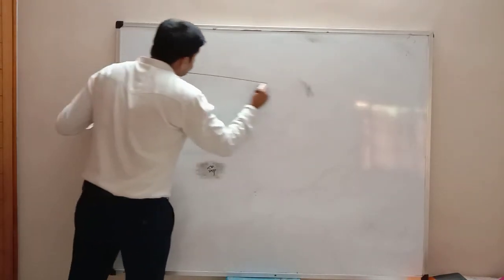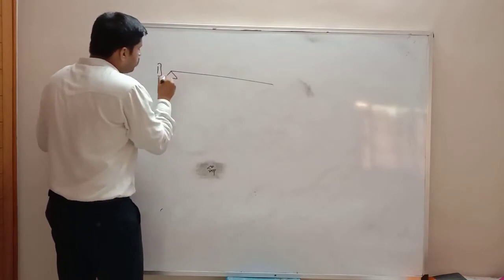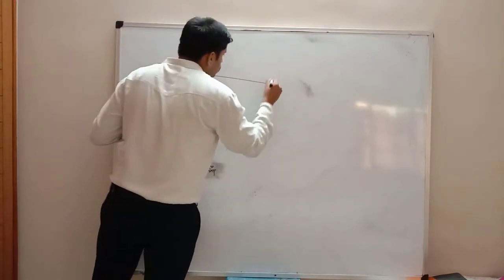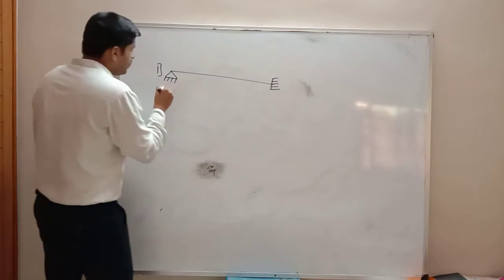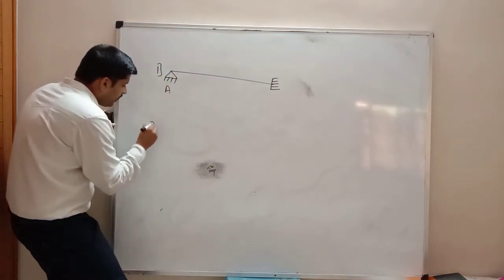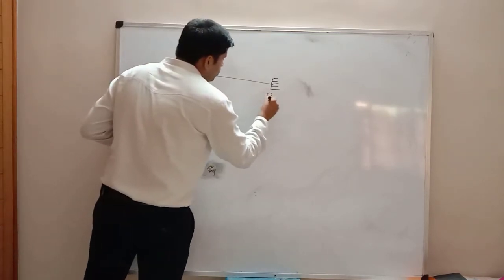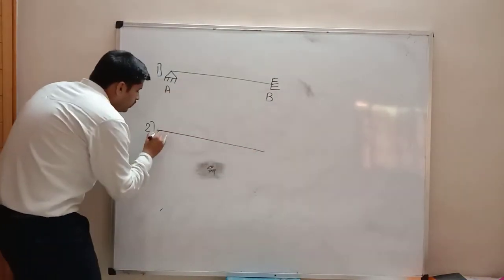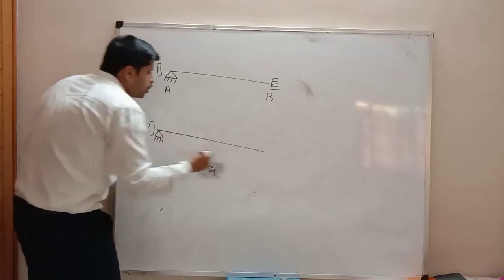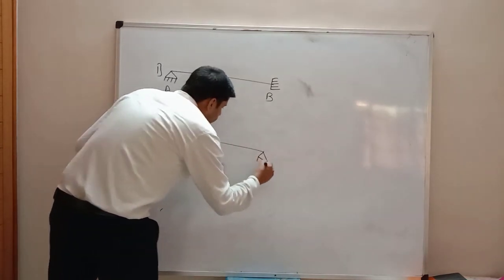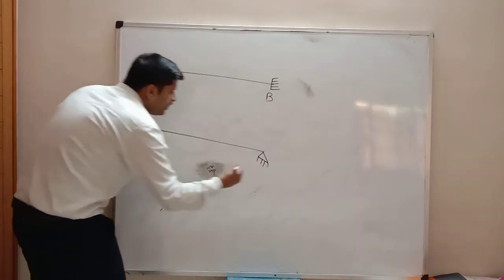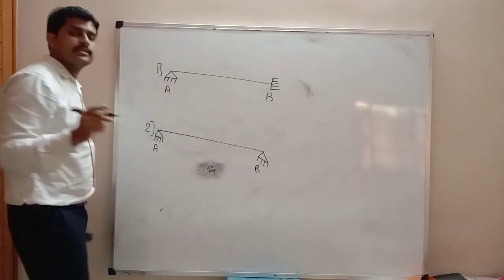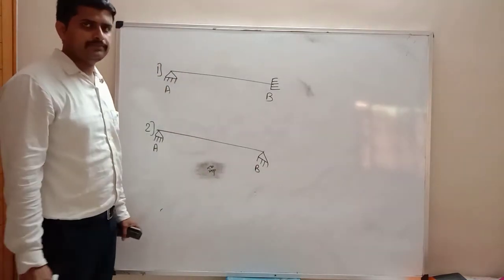Consider a beam AB whose end A is hinged end and end B is fixed support. And consider another beam AB whose end A is hinged end and end B is also hinged end.